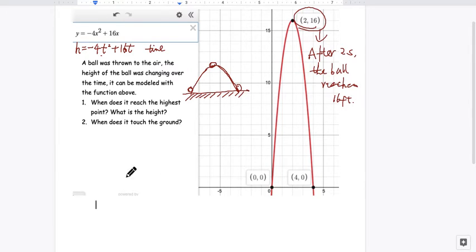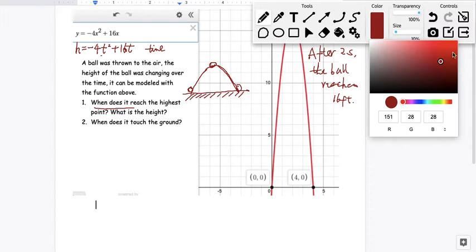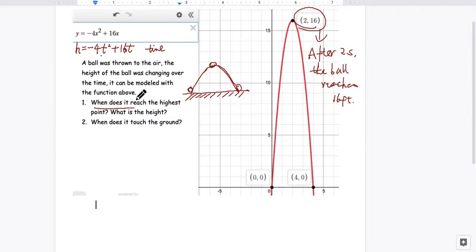Let me change the color to make it clearer. So the question is, when does it reach the highest point? After 2 seconds, the height is going to reach 16 feet. See, that's how we use the vertex to model this situation.